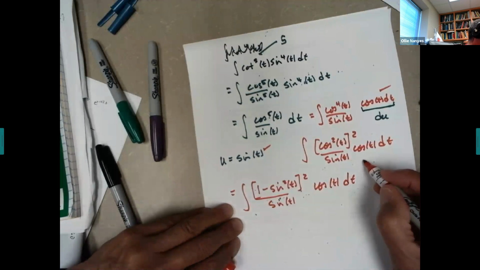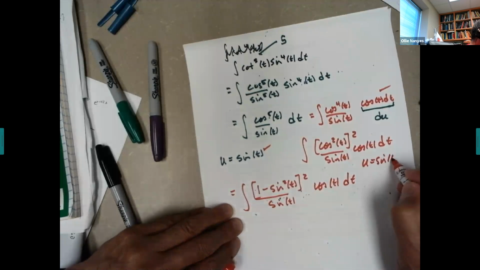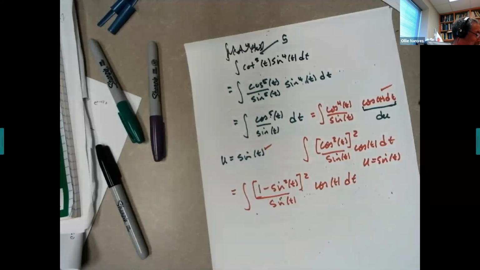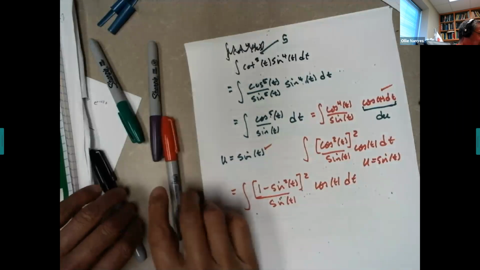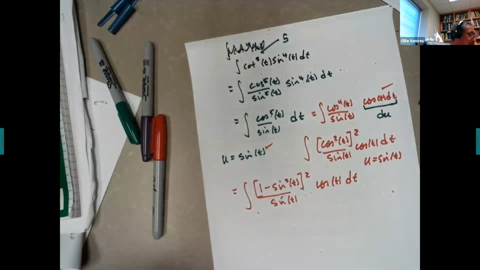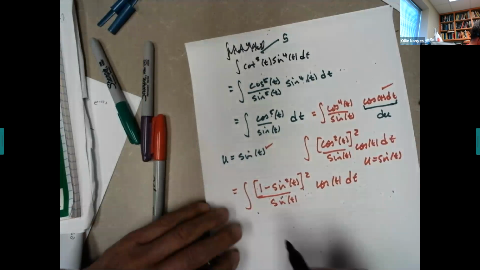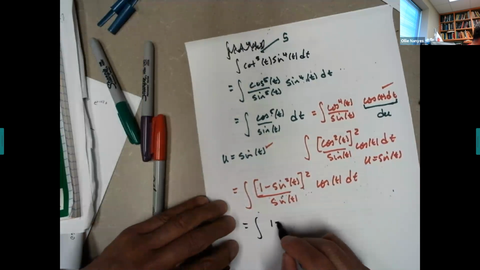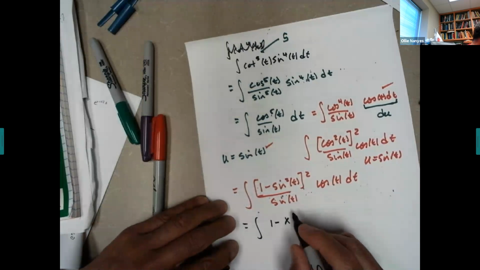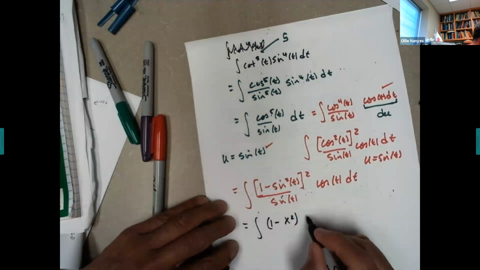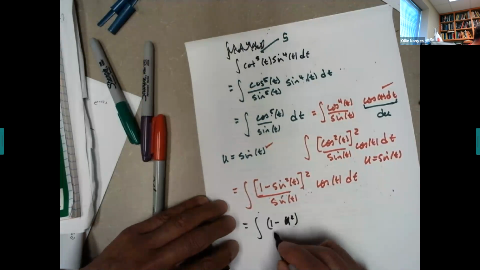Now we can use our u equals sine of t. With that substitution, we said that's going to be a du. This reverts to 1 minus x squared, or u squared. Let's make that a u.